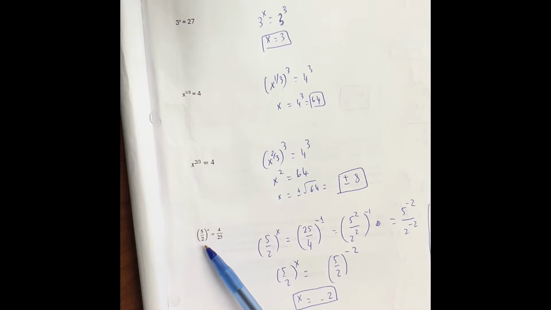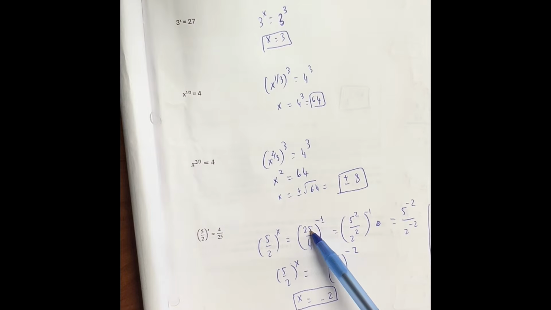5 over 2 raised to the power of x is equal to 4 over 25. So the goal is to have the same base, right? 5 over 2 and 5 over 2. This is kind of an inverse, so we can use the property: if we invert it, we just negate the exponent. So 4 over 25 is the same thing as 25 over 4 to the negative 1.